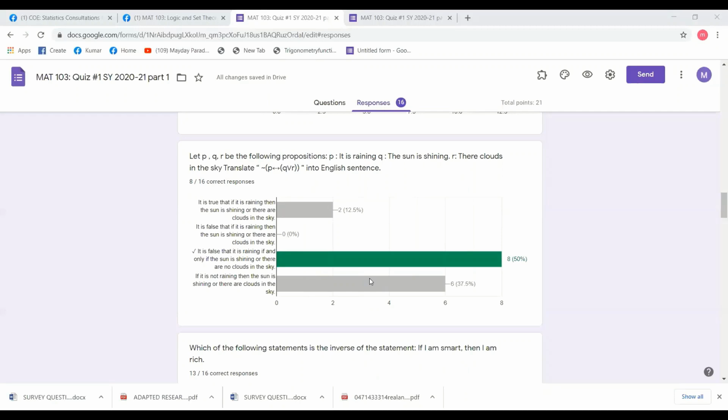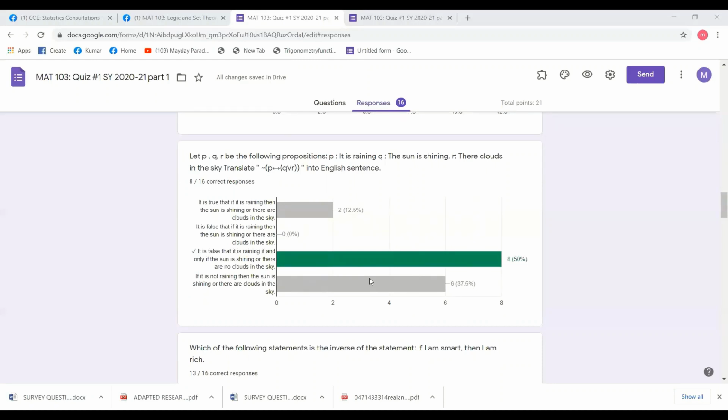So it could be letter B or C. Then we have the symbol if and only if. The statement with if and only if is only letter C. You have an arrow with a line, that is a biconditional statement. Therefore, letter C is the answer.